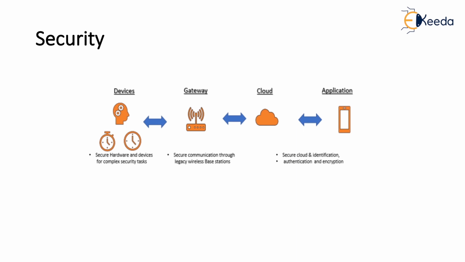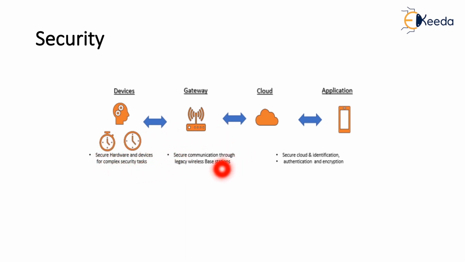So NB-IoT supports security requirements through the IoT architecture, which consists of three layers: perception layer, transmission layer, and application layer. Here the devices have secure hardware for complex security tasks.